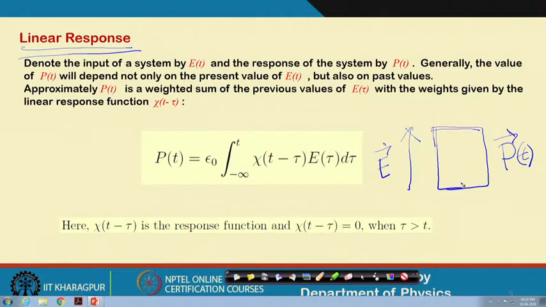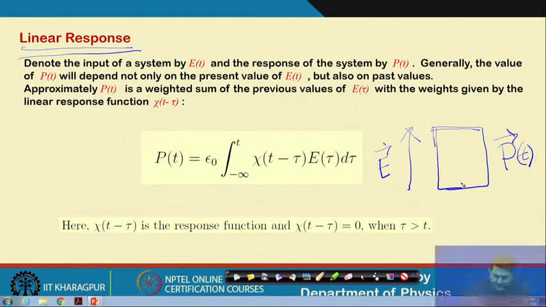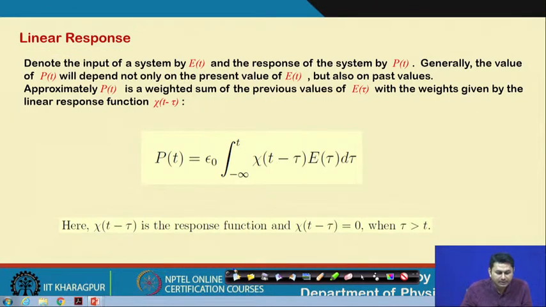If I understand the matter in this way, then we can see that the input of the system here is the electric field. That means I am launching something into the system, that is the input, and the response of the system is P, which, as I mentioned, is the polarization. Generally, the value of this polarization will depend not only on the present value of E(t), but also on the past values.